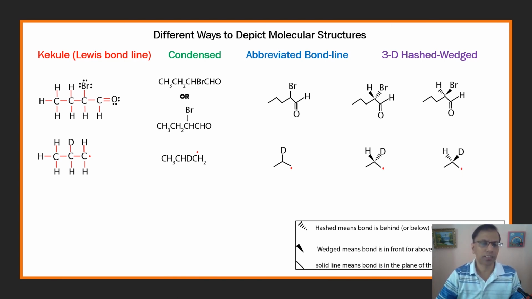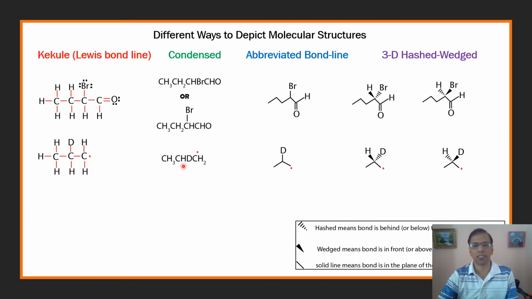So let's look at another example. This is a radical, and for the Lewis bond line or the Kekule structure, you show a single solid line for each bonded pair of electrons, and the radical single electron is shown on the carbon.